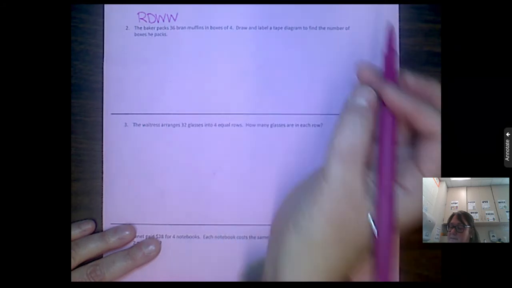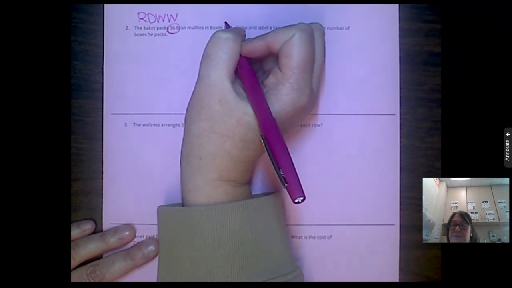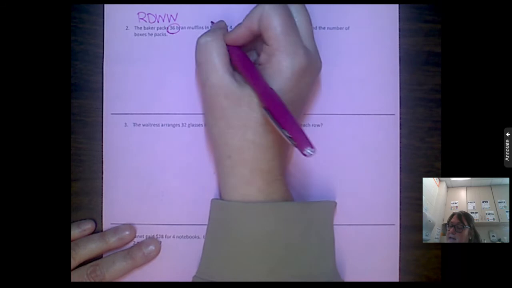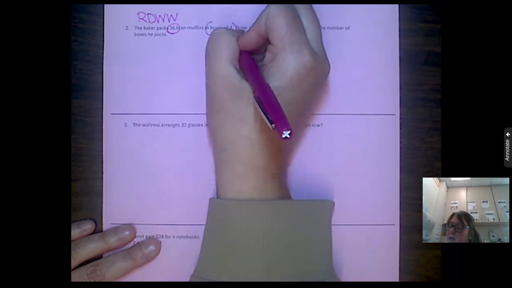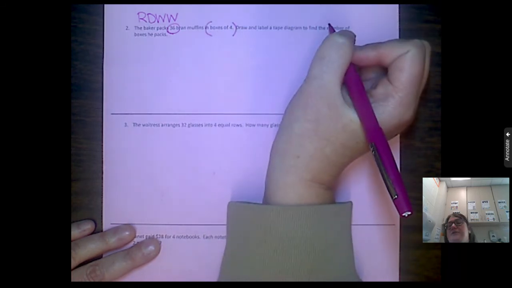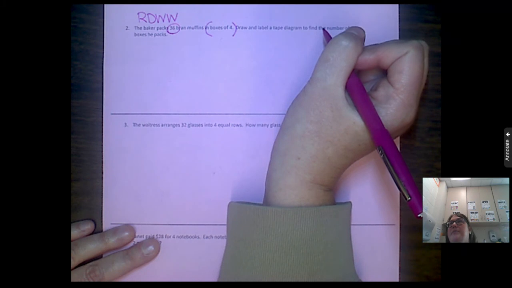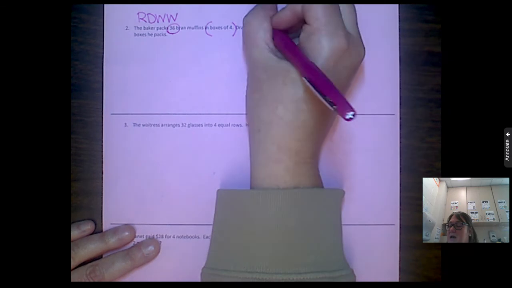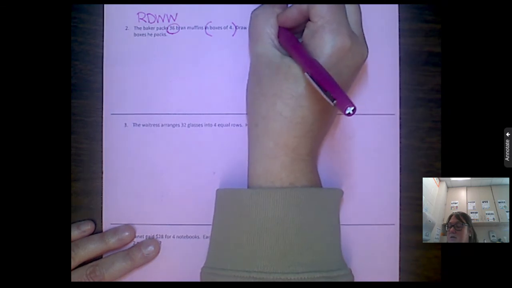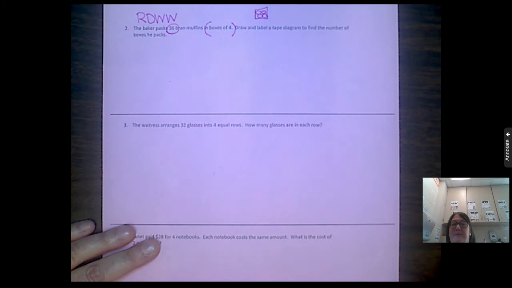Okay. So he packs 36 bran muffins. 36 sounds like the total to me. Do you agree? Okay, so we'll circle it. In boxes of 4. So is that the groups or is that how many is in each group? Boxes of 4. That would be how many is in each group, right? If I have a box of 4, that's how many is in the group.